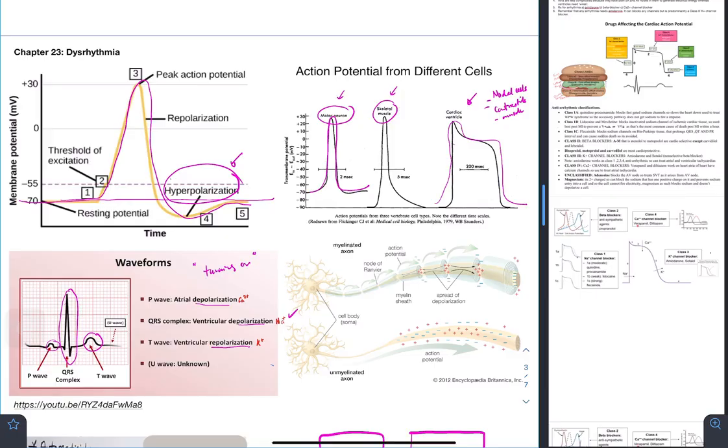It must be hyperpolarized. It's funny, that's how it is. Because hyperpolarized is a state where it is much more difficult for you to get excited or depolarize again, because you have to raise yourself from below the basement past the resting membrane potential in order to reach threshold. So it's a difficult task to do. That's a funny situation with the nodal cells' action potential.